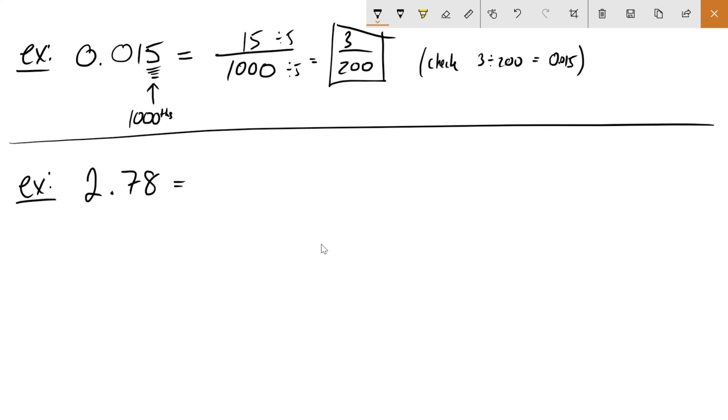Yeah, so one way is you could just know that this is equivalent to a mixed number, right? Because the whole value isn't going to change, right? 2 isn't going to change, and then where does this thing end? Yeah, the decimal sits in the hundredths place, so it'd be 2 and 78 hundredths. So that would be one way to do that.